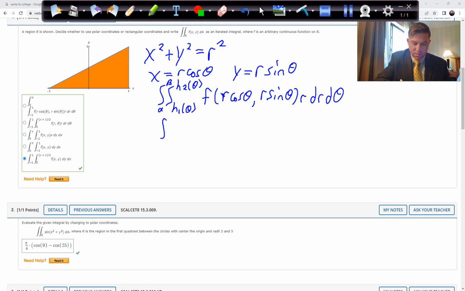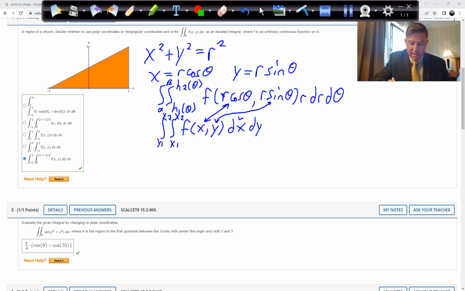Now let's see what this was in the previous form. So in the previous form, it was a function of x, y, and it would just be dx dy, for example. And in that case, we would have some x1, x2, y1, y2. So you can see there's a one-to-one mapping of x and r cosine theta and y and r sine theta.